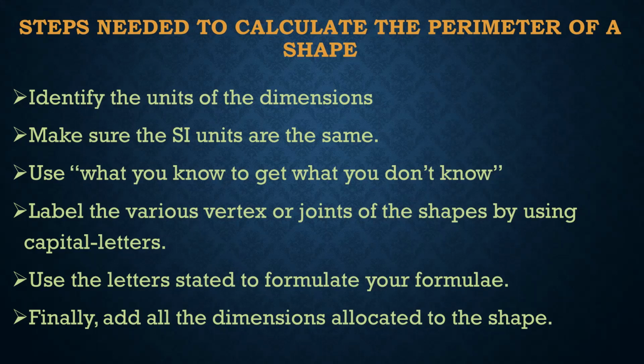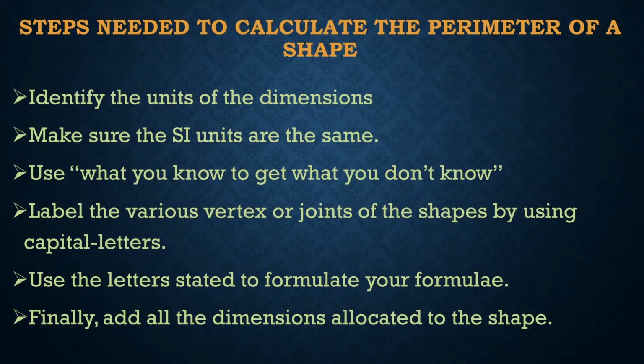Then label the various vertices or joints of the shapes by using capital letters. After you identify the number of line segments that form the shapes, you label the various vertices, or the various corners formed by two line segments, with capital letters.